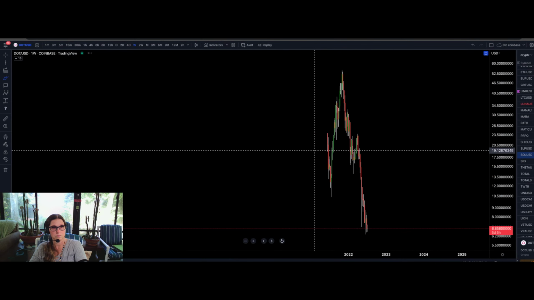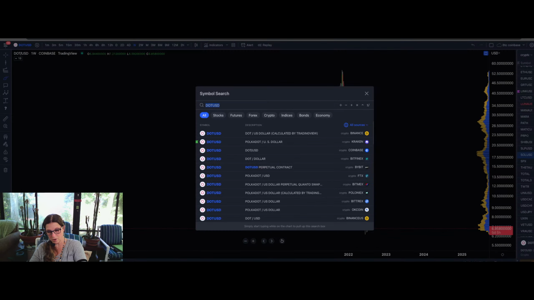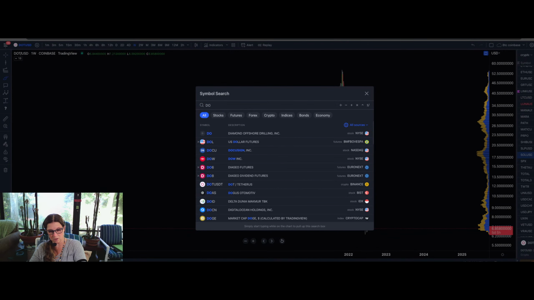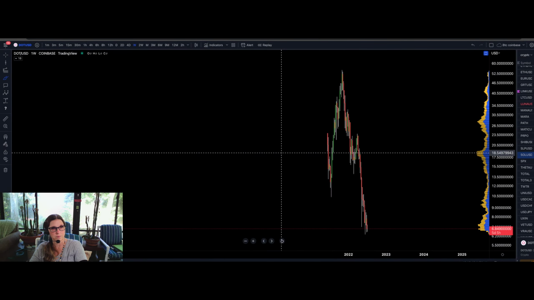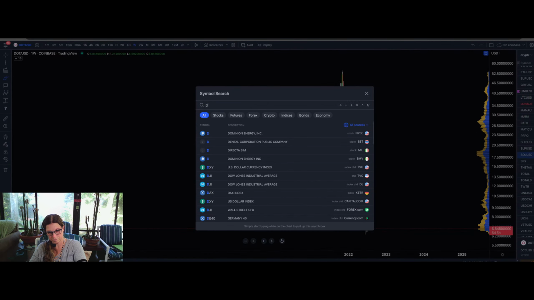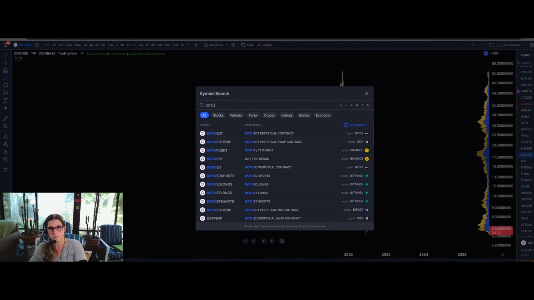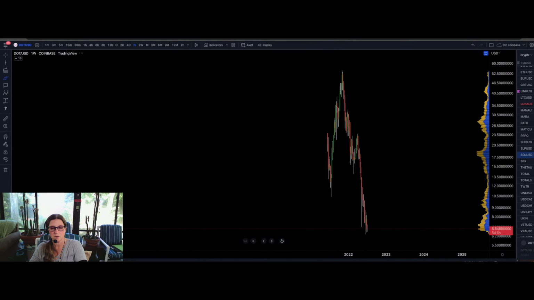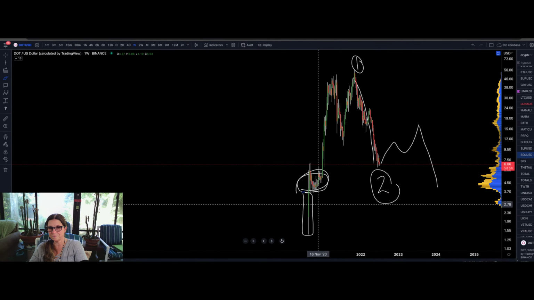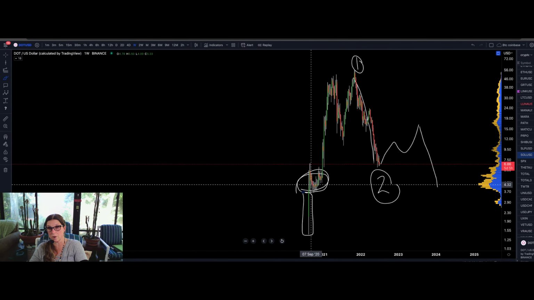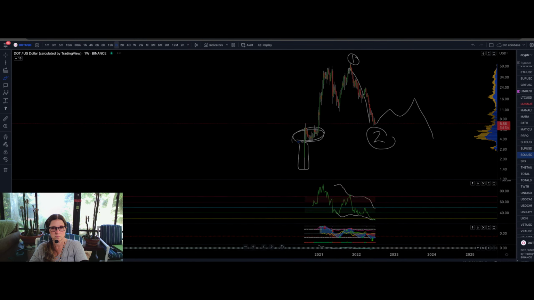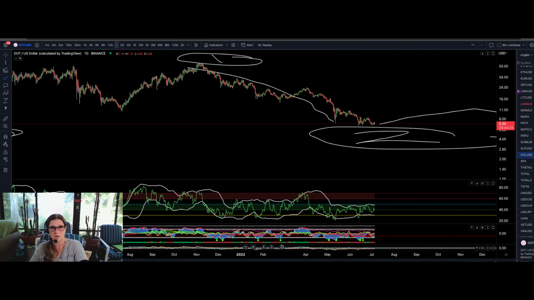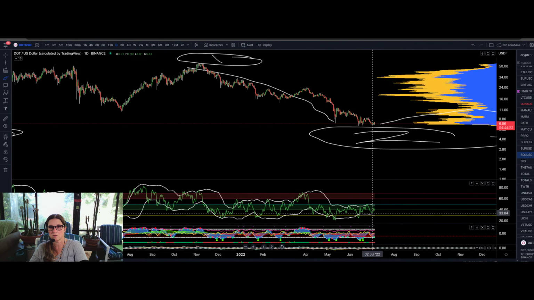Anyway, it needs to hold that territory. So it needs to hold this, and it needs a rally. It's got divergence on its daily.